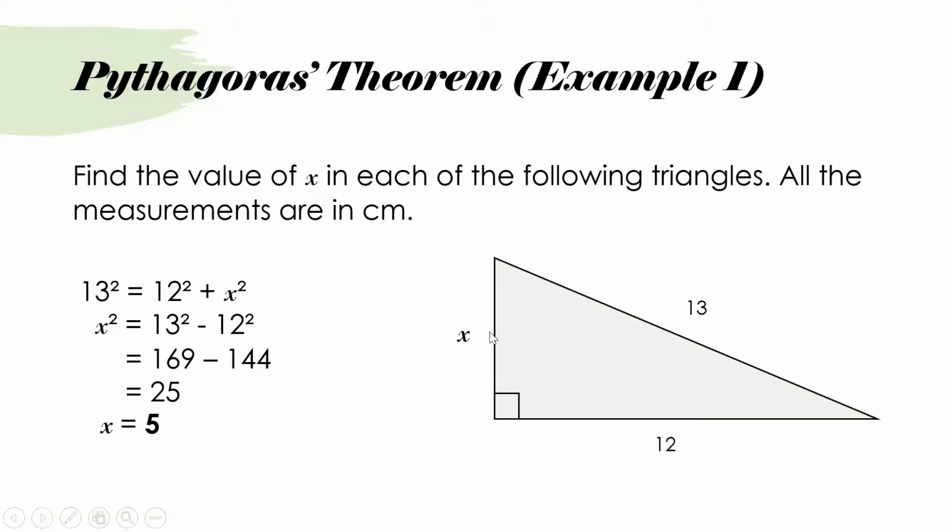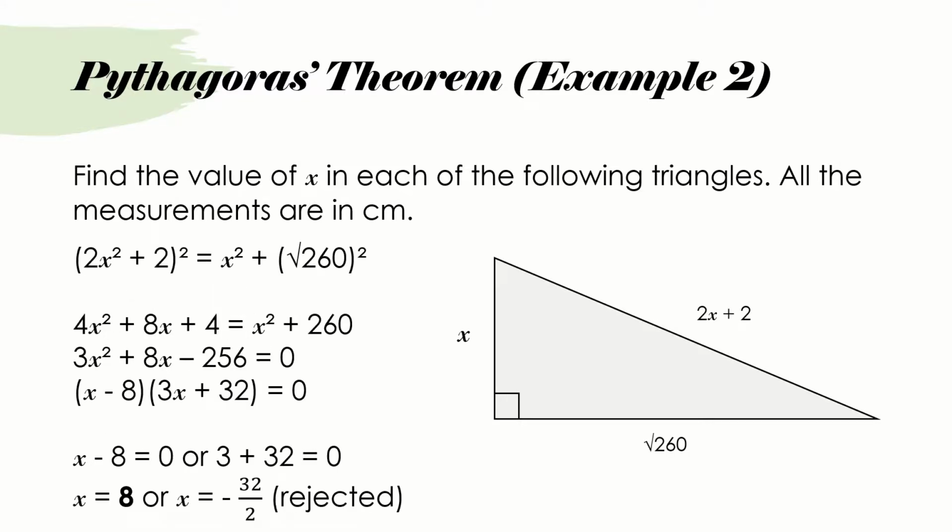So to find x, using the theorem, we have x squared plus 12 squared equals 13 squared. So if you work it out, you find that x equals 5 centimeters. By right, x equals 5 or x equals -5, but we cannot accept the negative value because measurement has to be positive.